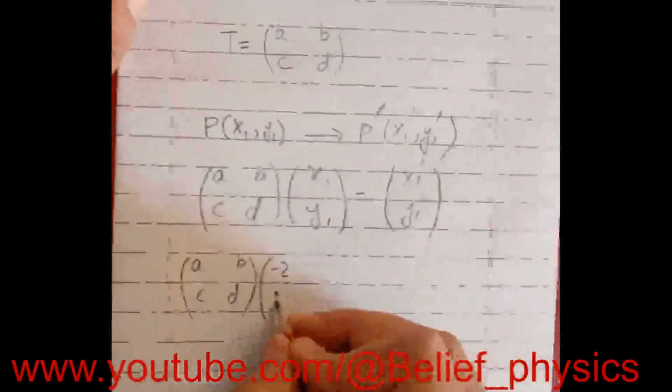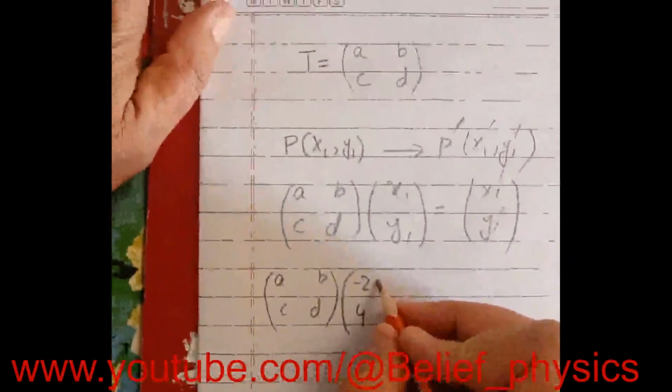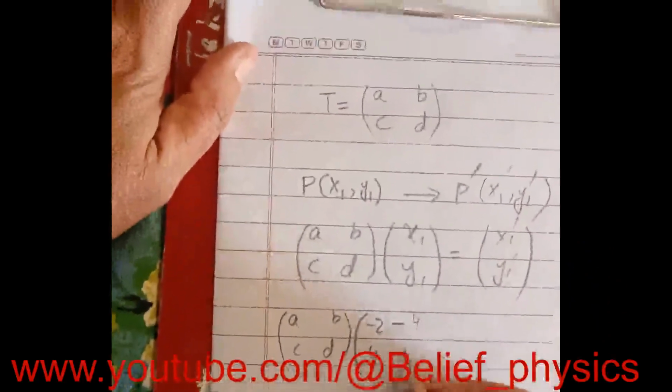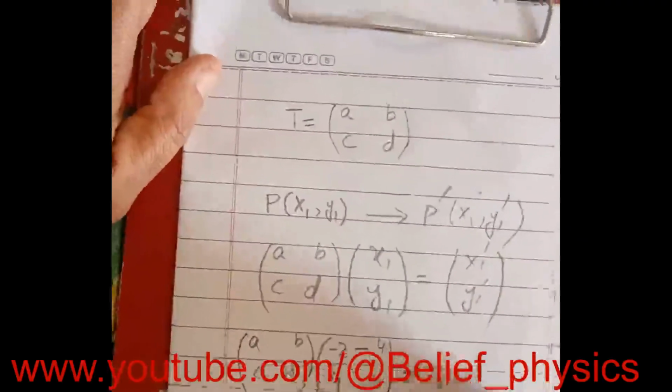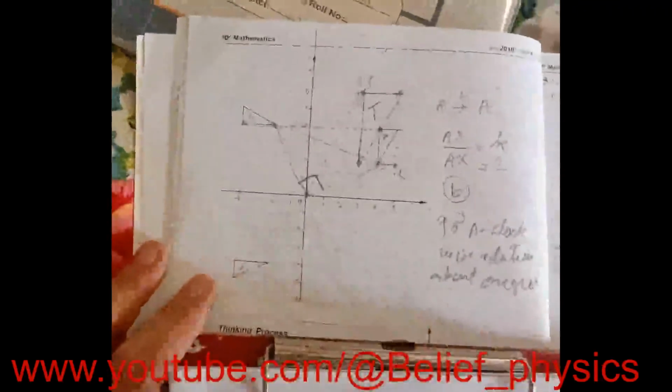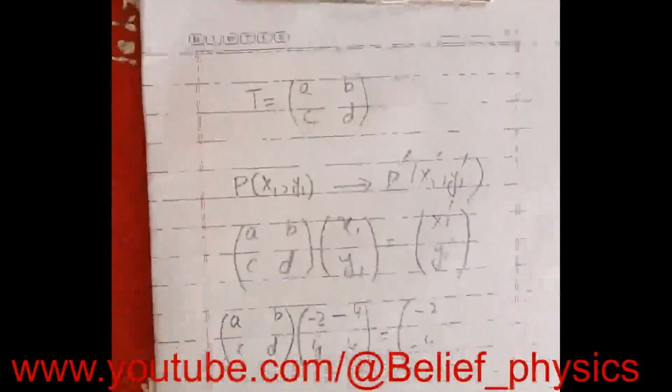I write its coordinates: -2, 4, and this is -4, 4. And its image is what? Its image is -2, -4, and the other image is -4, -4.